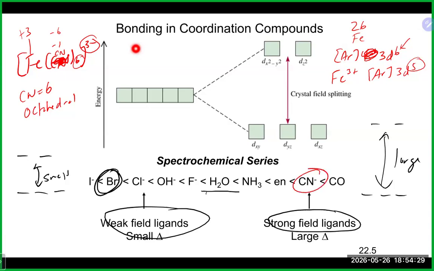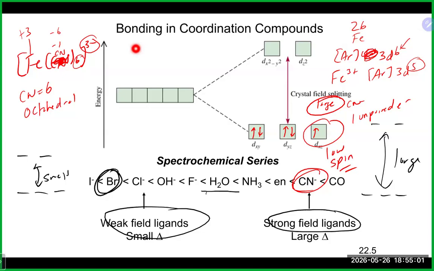We do see CN in this case is a strong field ligand, which means when these go into populate, we're going to go 1, 2, 3, and this splitting is kind of large because of the CN minus, and it's not going to want to go up, so it will just continue to pair down here. We end up with only one unpaired electron in this case, and this would be what is again considered a low spin complex because of that.